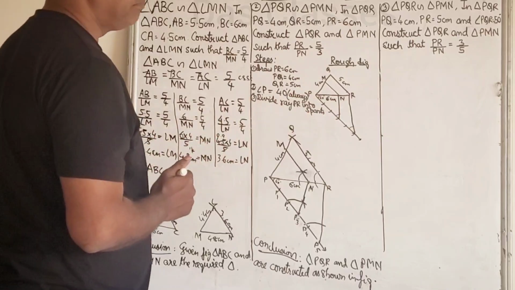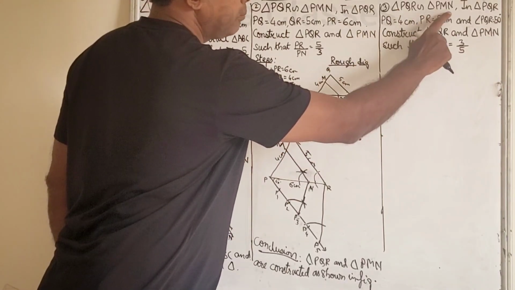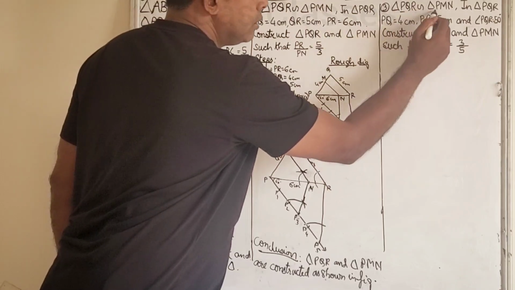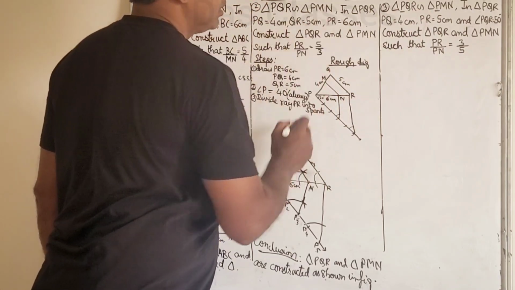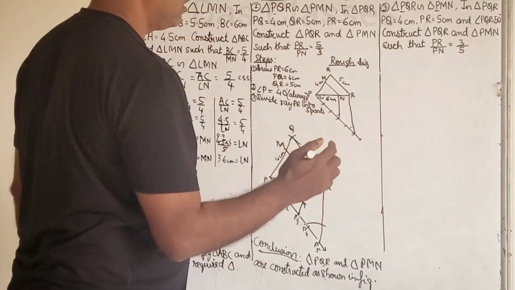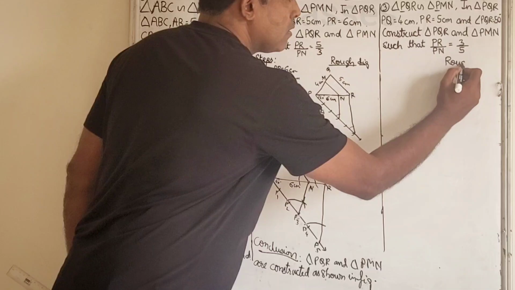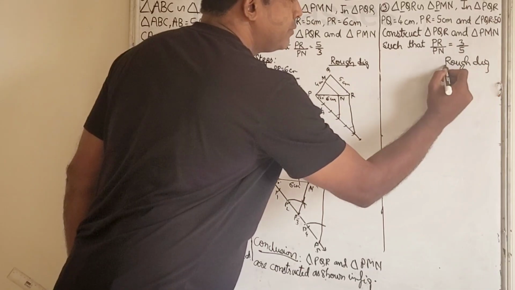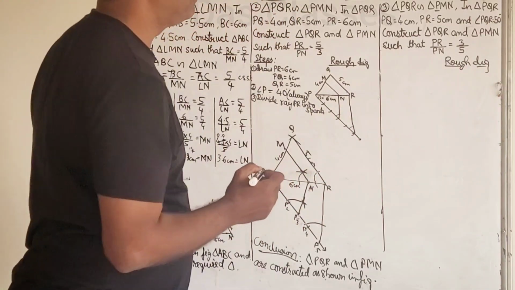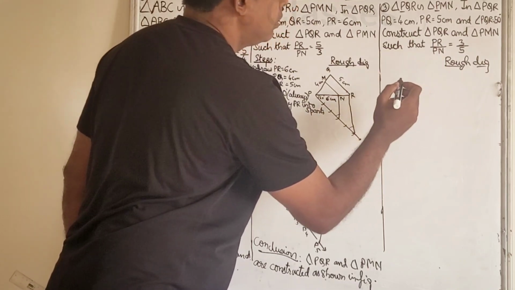Let's take another example where again, if you see this PQR and PMN, there's one letter common. And all the values are given of triangle PQR. So again, let's draw the rough diagram. Let's draw PR down.